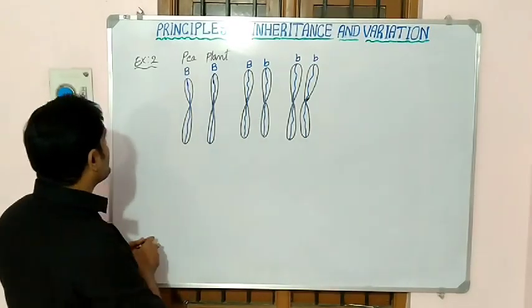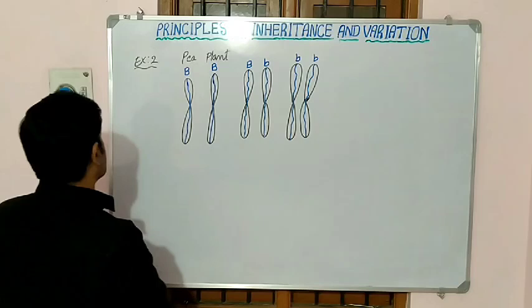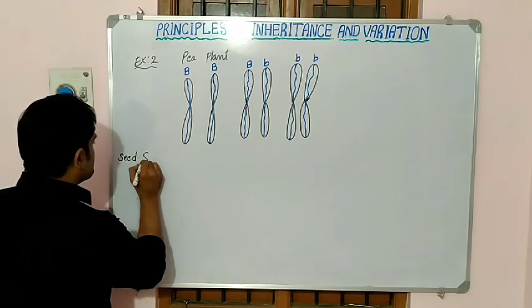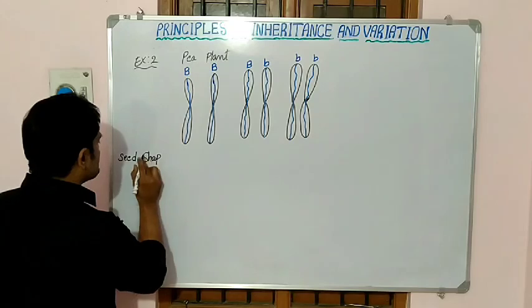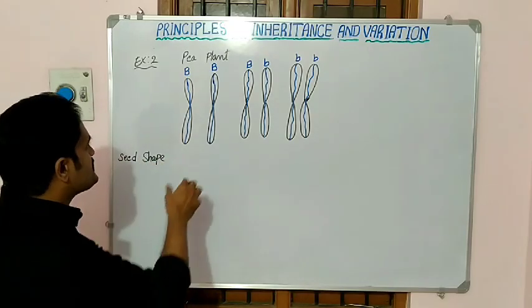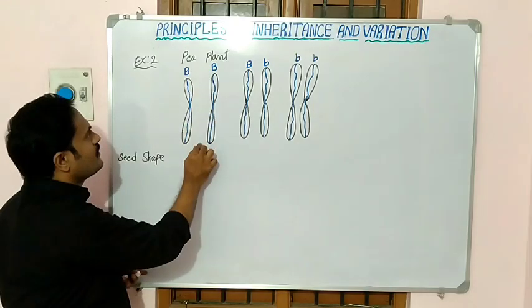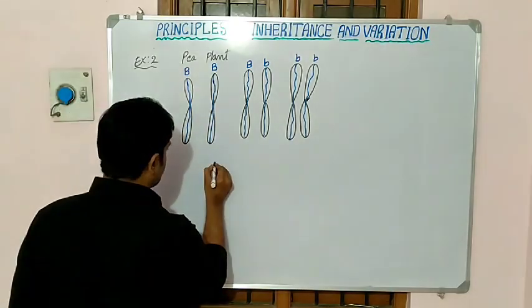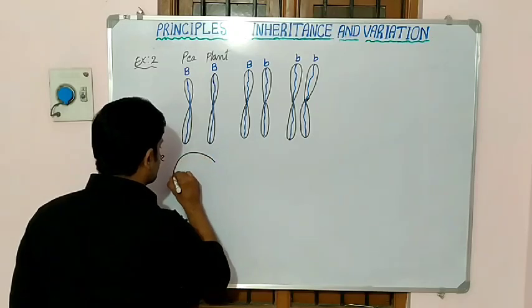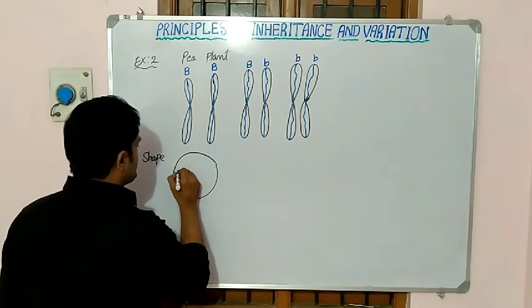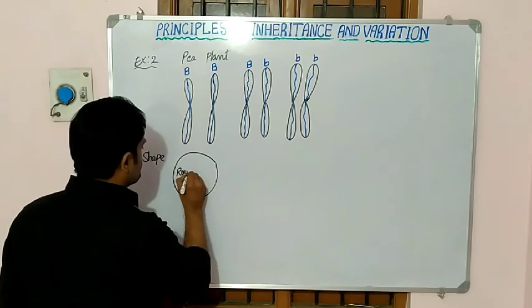I will take the example of the seed shape. This allele controls the seed shape. Which kind of seed does it form? A round seed.